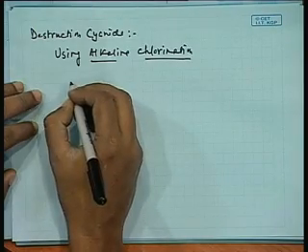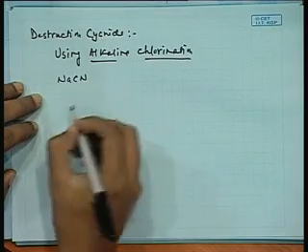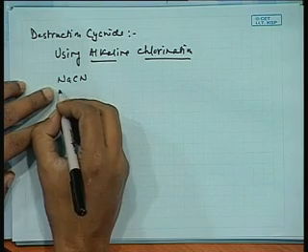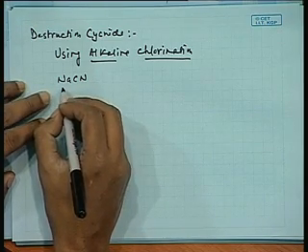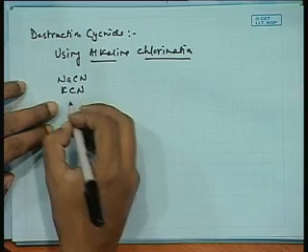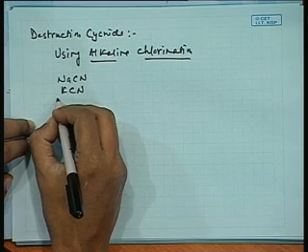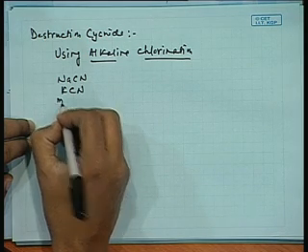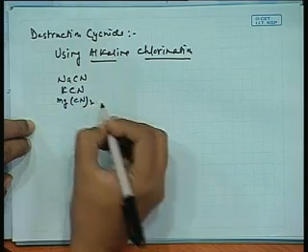Alkaline chlorination is this. This can be NaCN, sodium cyanide. This can be KCN also. Then it can be Mg(CN)2.